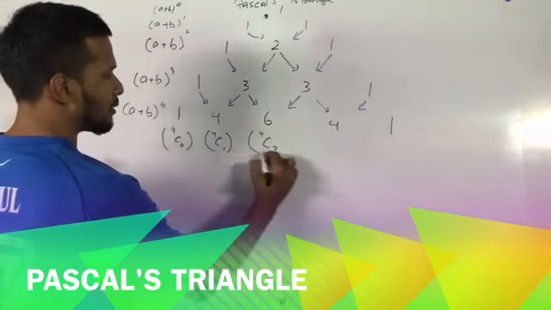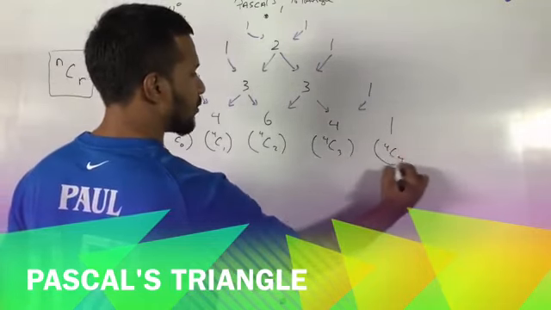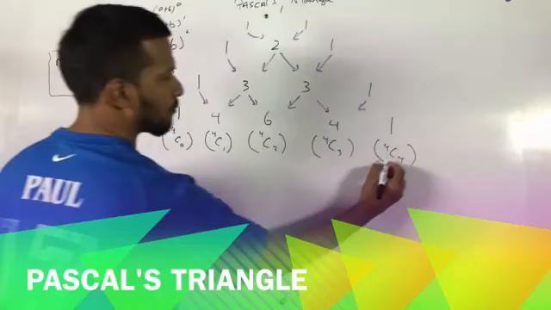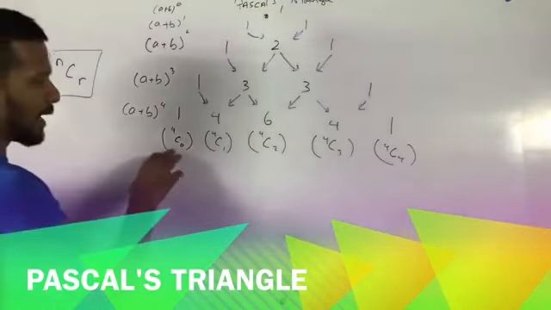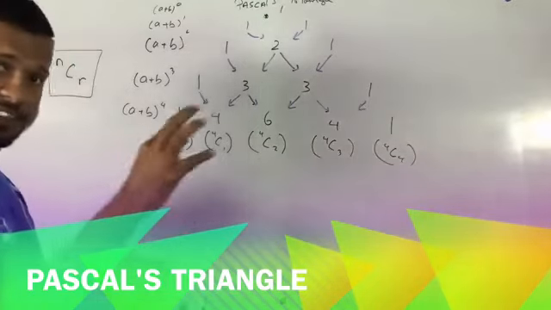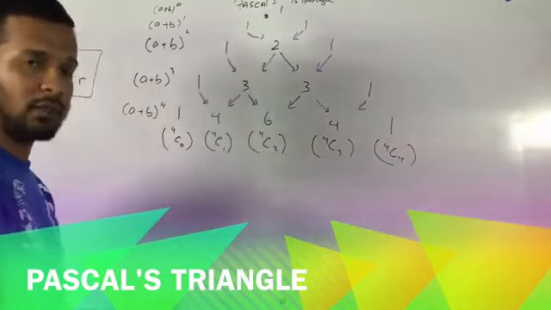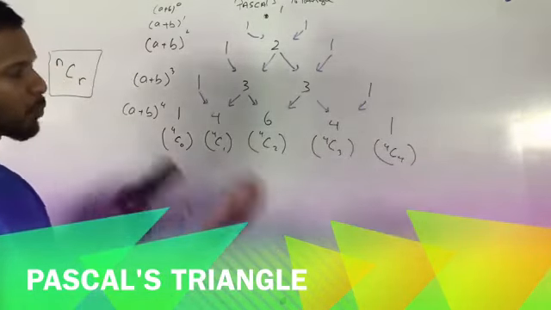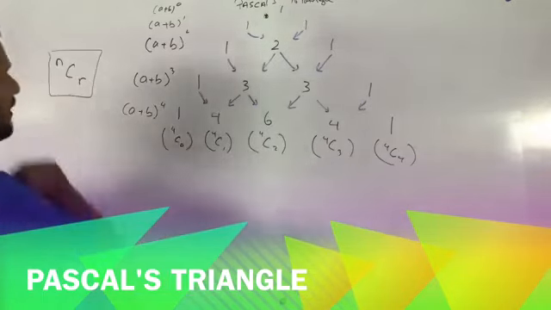This will be 4C2, 4C3, and 4C4. See that? So what we have here is 4C1 being 4, 4C2 being 6. You can go to the calculator and check it just to make sure. 4C3 being 4 and so on. Okay? So this is one of the ways of using Pascal's triangle to find nCr.